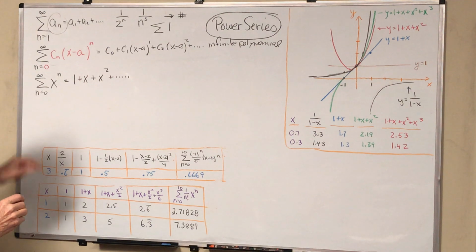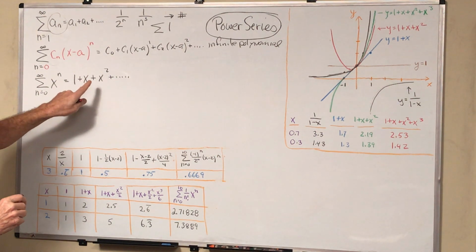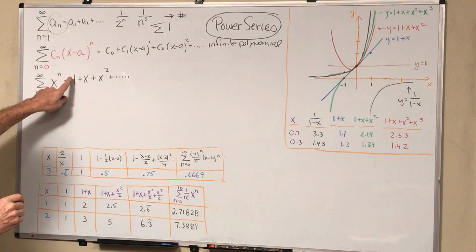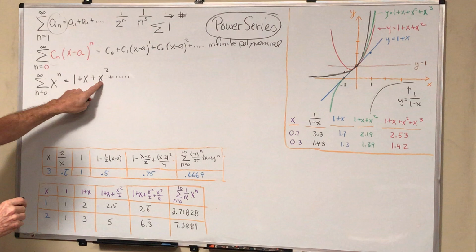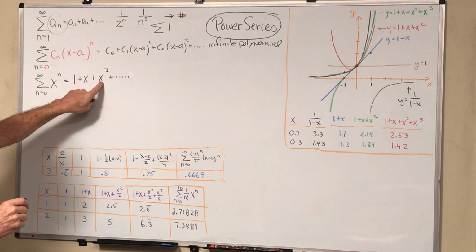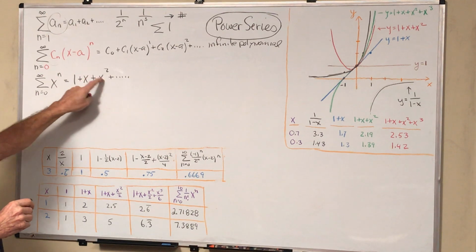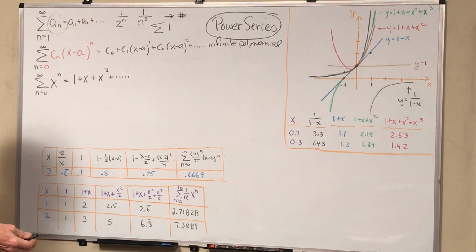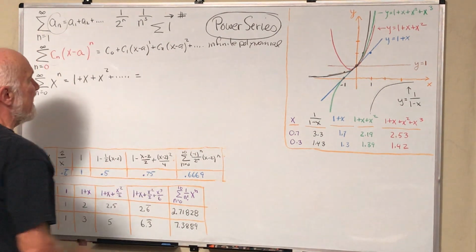So there's the first power series you've actually seen. And it happens to be kind of a special power series because you've seen something like this before, where you're adding up terms, and to get to the next term, you multiply by the same thing every time. x times 1 is x, times x is x squared. So this is a geometric power series. And we even know what it adds up to.